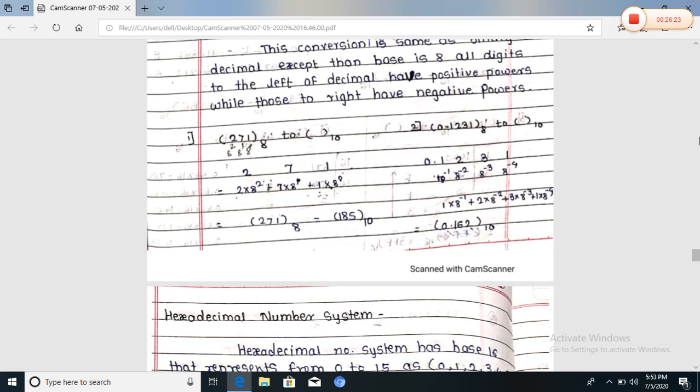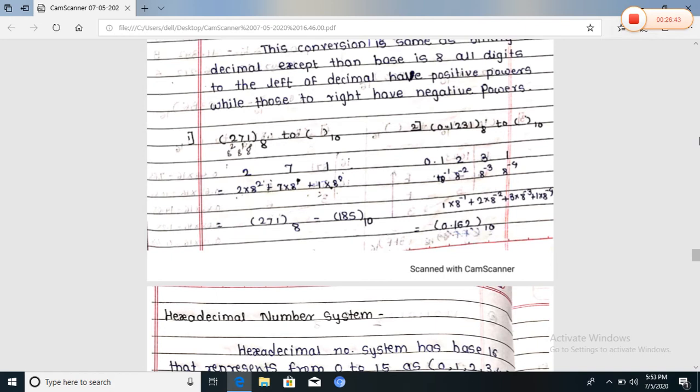But here there is a radix point. After that, the digits have negative powers, and the base for the system is 8. So 8 raised to minus 1, 8 raised to minus 2, and 8 raised to minus 3.